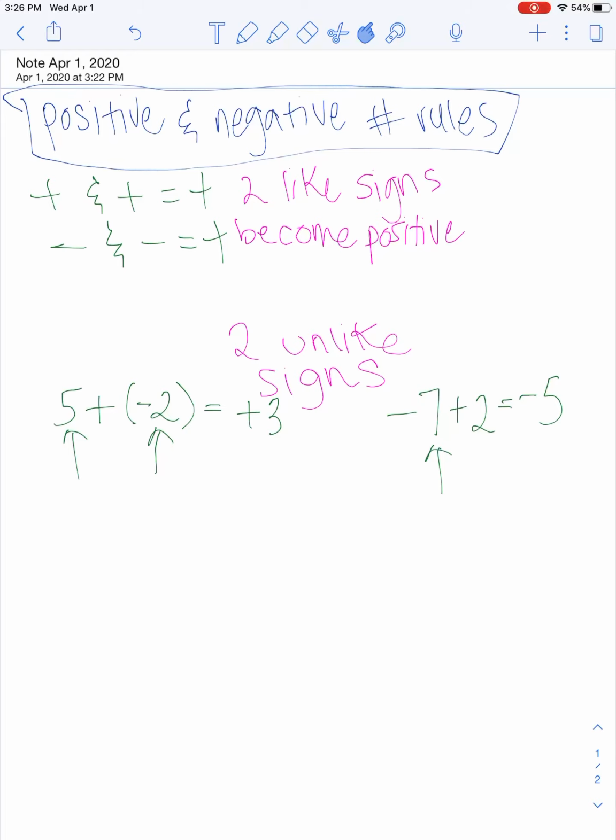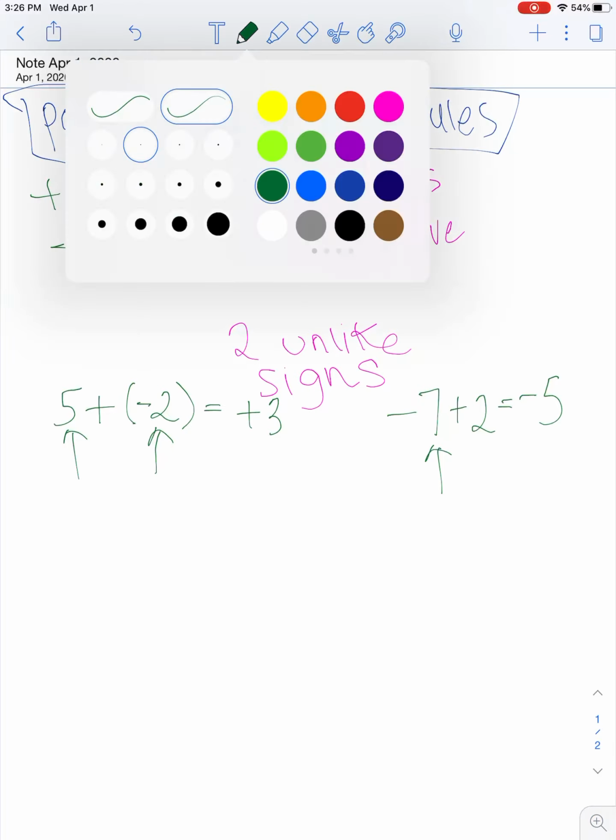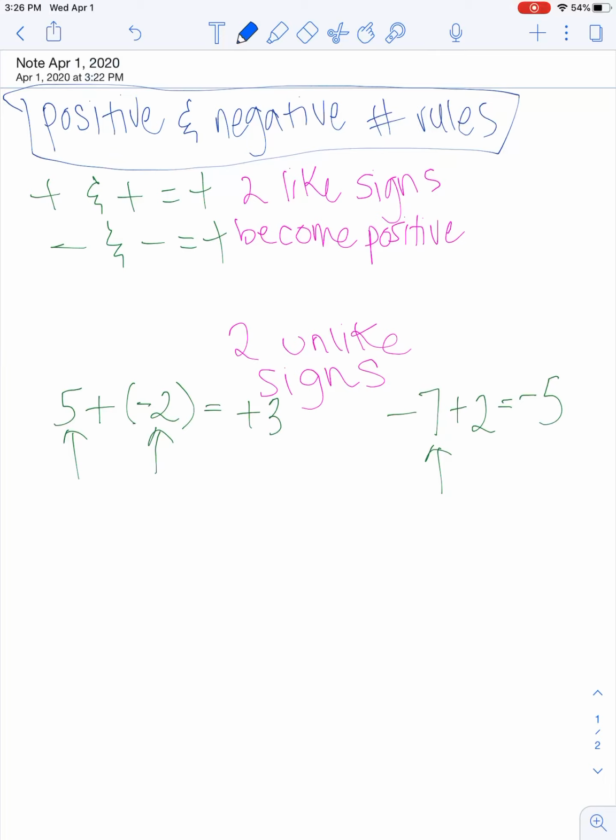Okay, so if you're talking about multiplication though, which is a little bit different, for two like signs, a negative times a negative is a positive, and a positive times a positive is a positive, right?